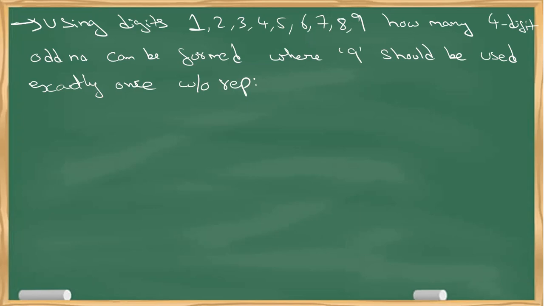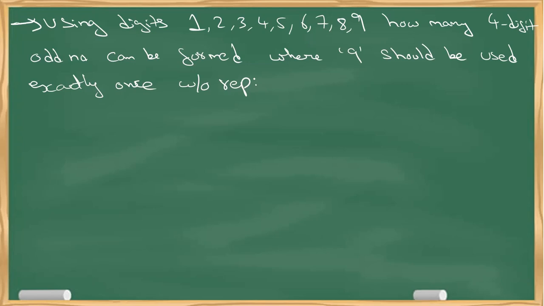This is the question. So using digits 1 to 9, how many 4-digit odd numbers can be formed where 9 should be used exactly once without repetition?